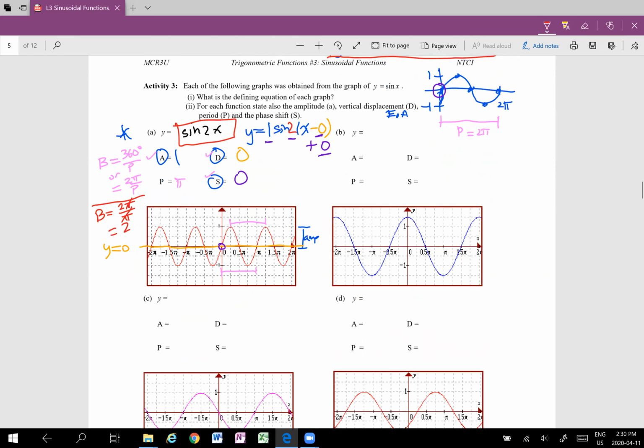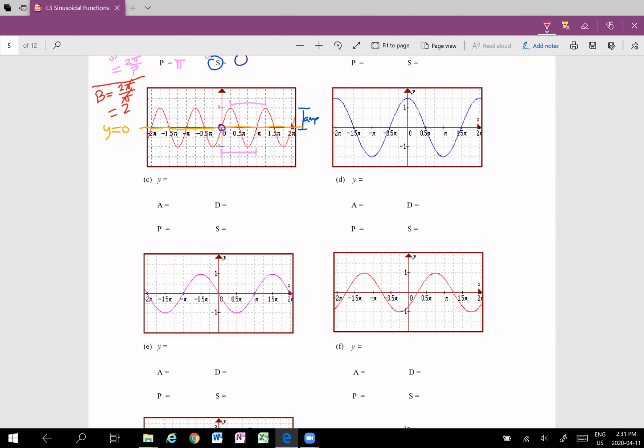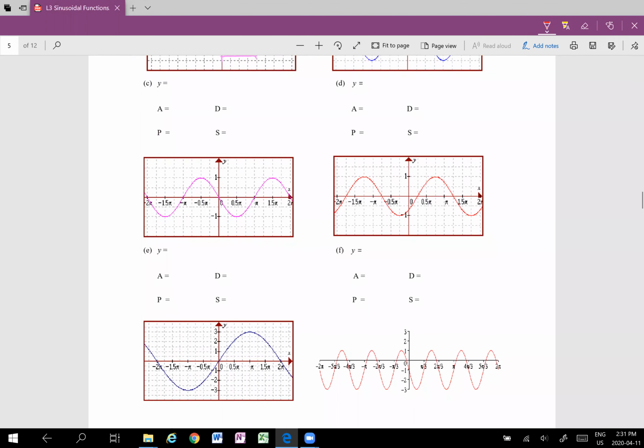Let's try another one. Let's try question C. And again, I'll help you with all the information that you have to do. Again, you might think of other things and other strategies.